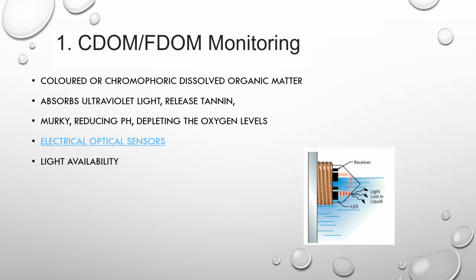It causes water to turn murky, reducing the pH of the water and depleting the oxygen levels. CDOM can be measured by using these electrical optical sensors. It will detect the light availability in water bodies.